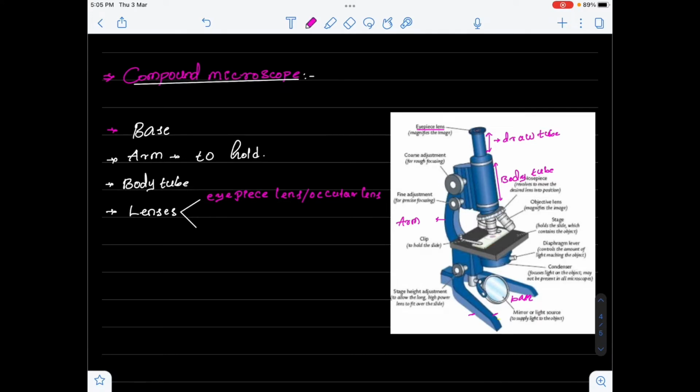And another type of lens is present at the lower part of this body tube. In the lower or posterior part of this body tube, we can see there is a nose piece, this round one. This is the nose piece, and to this nose piece, three objective lenses are present.